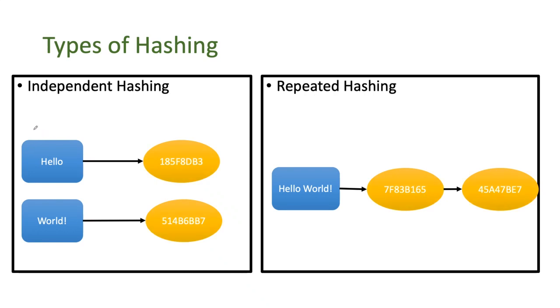So in independent hashing, whatever data you are having, suppose this is my text file, like raj.txt. In that text file, I'm having a content or message, hello message. This message size is more or less than 2 to the power of 64 bits, but it should not exceed 2 to the power of 64.